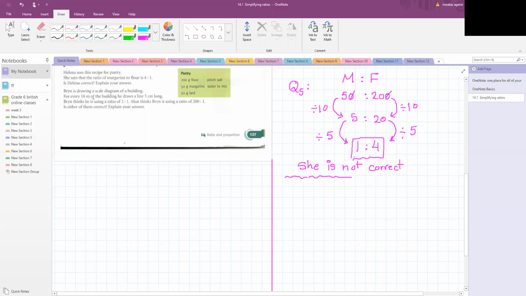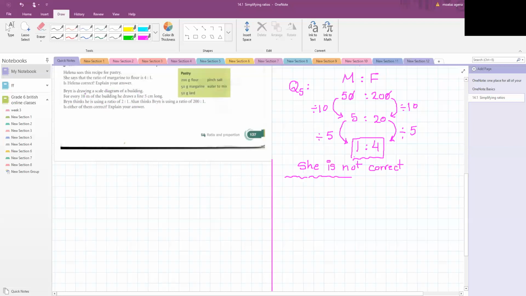For every 10 meters of the building, he draws a line 5 centimeters long. Brian thinks he is using the ratio 2:1. Alan thinks Brian is using the ratio 200:1. Let's see who is correct.